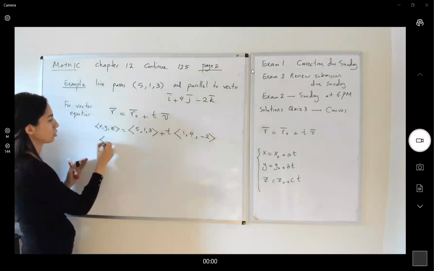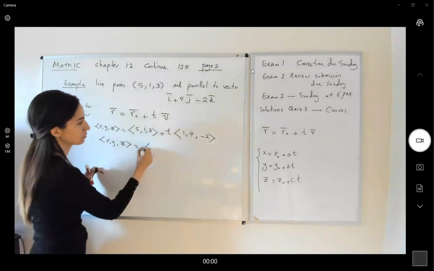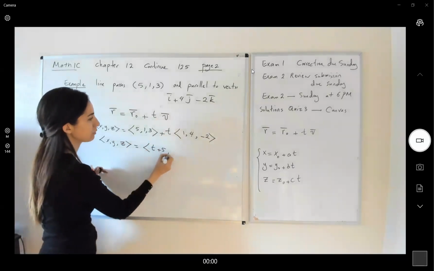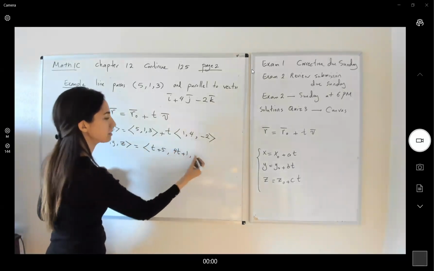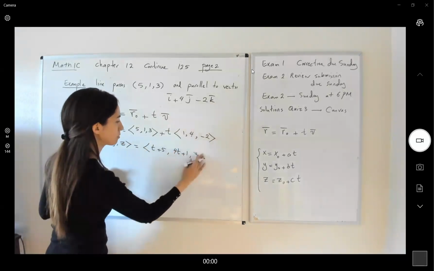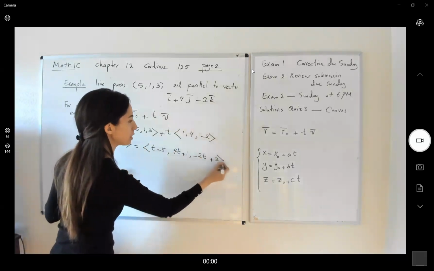Okay, so X, Y, and Z is nothing but T plus 5, 4T plus 1, and minus 2T plus 3.